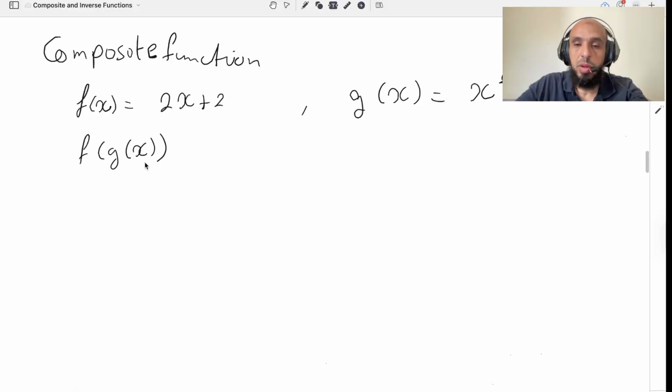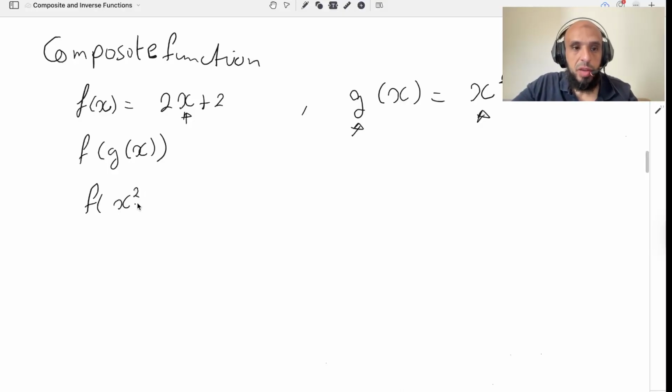For example, how can we do this now? We have x squared, right? And then we apply f to x squared. So instead of having the variable x here in f, we replace it with the output of the function g, which is x squared. So we do this, f of g of x, it would be f of x squared.